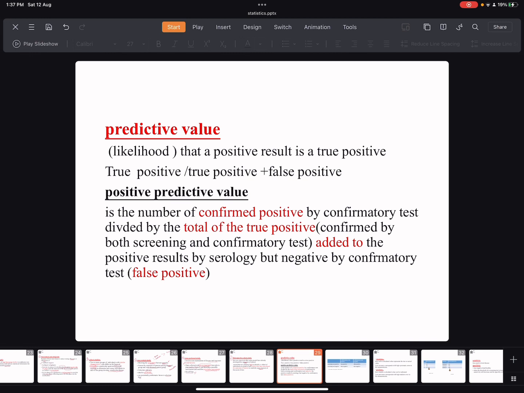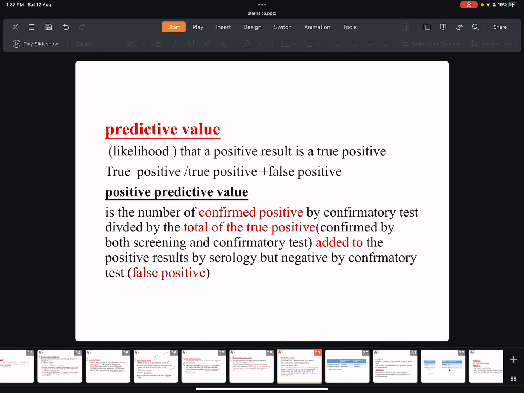So if we are screening for example HIV by ELISA, and we have 30 positive cases, then we are going to have also a confirmatory test, which is Western blot. If the Western blot, for example, shows 15 positive cases, then the other 15 who were positive in the ELISA are considered false positive.